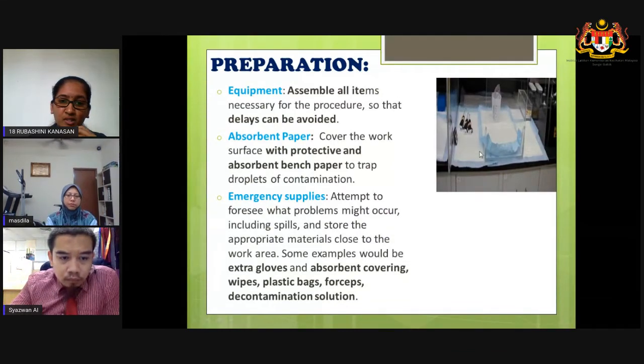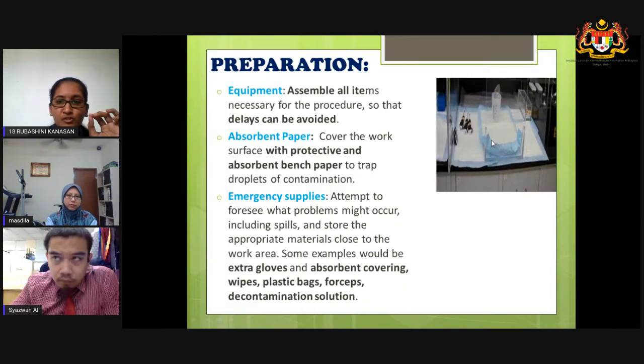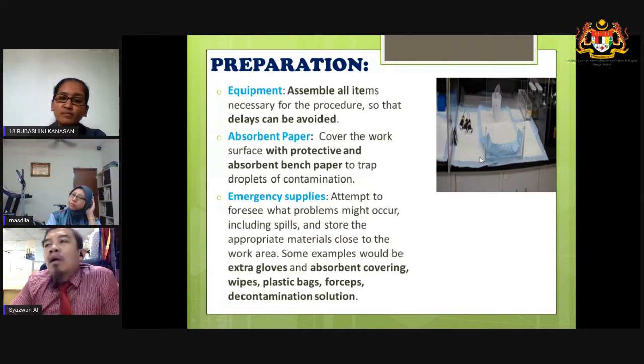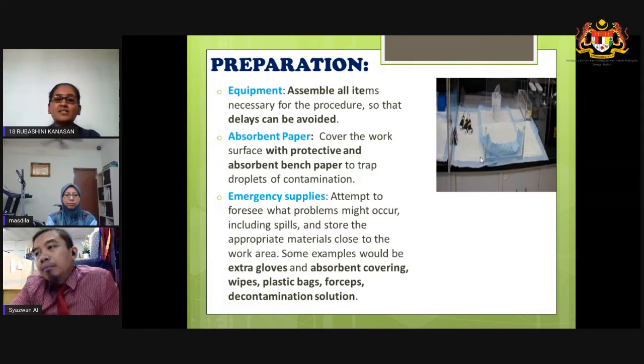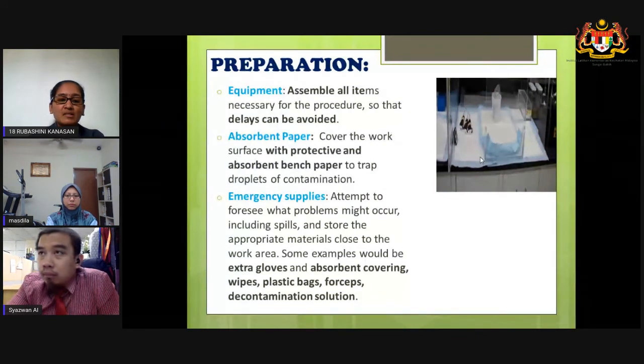Here, what I'm showing is the absorbent paper. It is to trap droplets. Let's say if there is a spill, a few drops that maybe we cannot see, if it comes out of the syringe or needle, it will fall onto this absorbent paper. For the emergency supplies, attempt to foresee what problems might occur, including spills, and store the appropriate materials close to the work area. Some examples would be extra gloves, absorbing covering, wipes, plastic bags, forceps, decontamination solution.